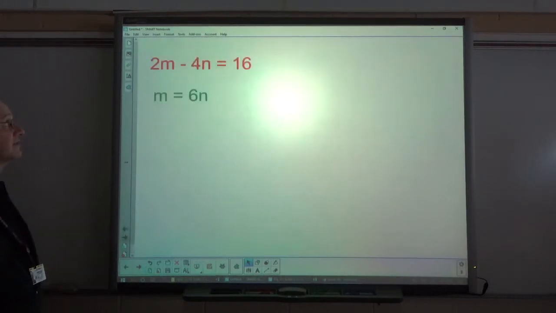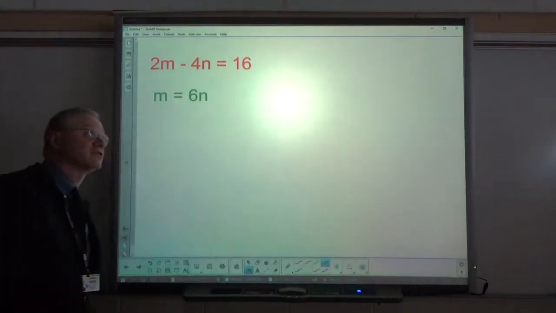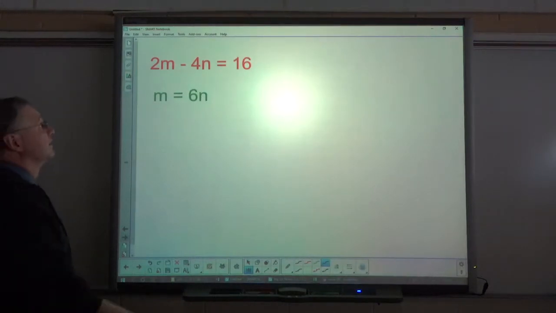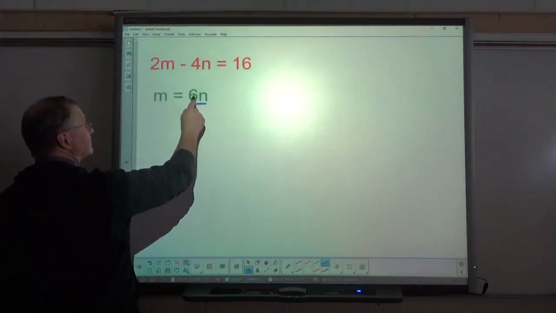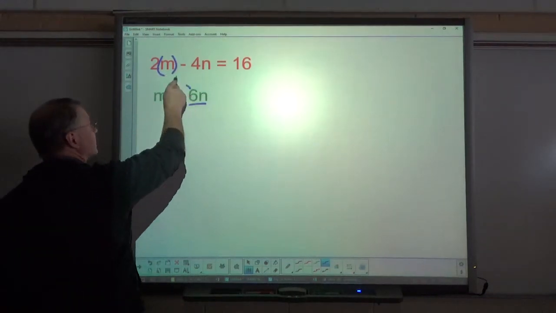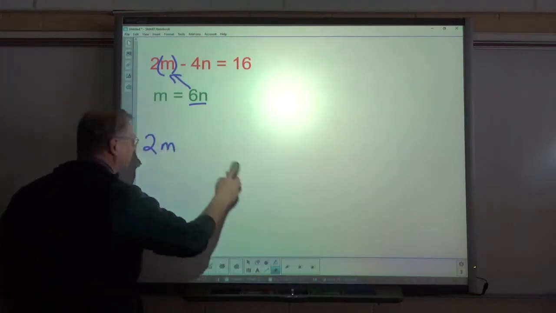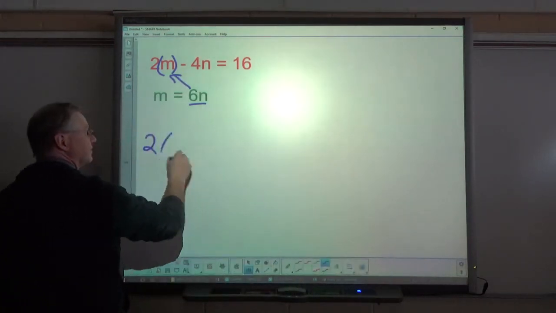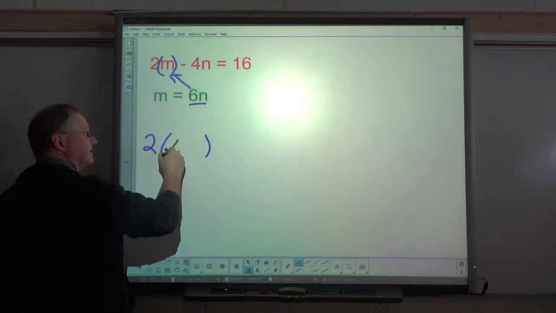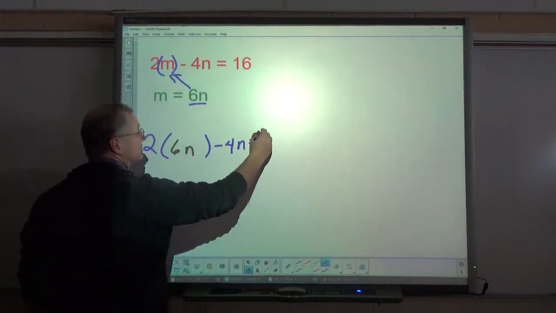Let's try another example. This one's m's and n's. Okay, we can have m's and n's, not just x's and y's. 6n is going to replace the m in the other equation. So this is going to go up here. 2 times, in this case 6n, minus 4n equals 16.